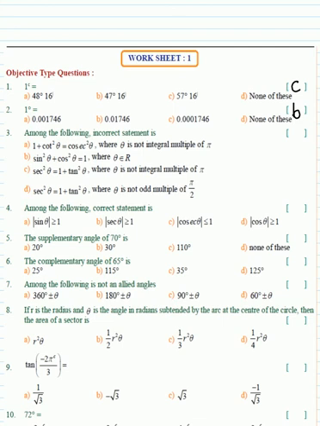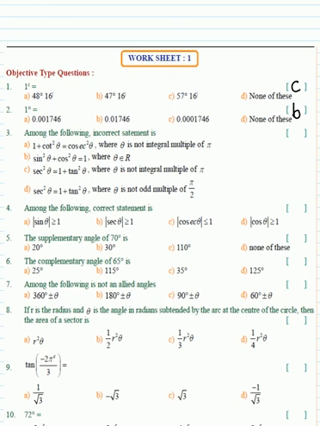These are all trigonometric identities. 1 plus cot square theta is equal to cosecant square theta, where theta is not an integral multiple of pi. If suppose theta is pi, if you substitute here, cot 180 degrees or cosecant, these two values are not defined.